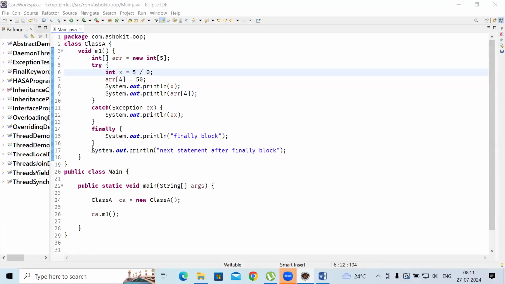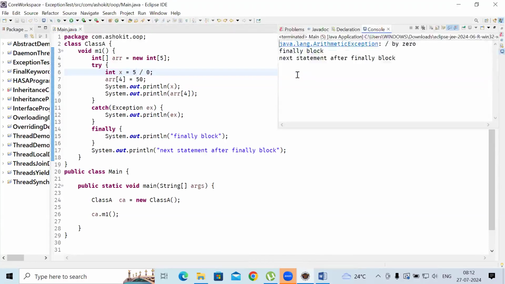Then tell me, will the next statement after the finally block execute or not? See the answer here. It is executing. So what to understand here? If the finally block is there, it is going to get executed.